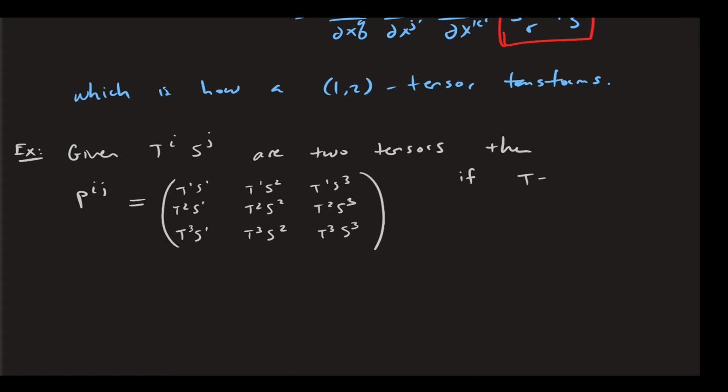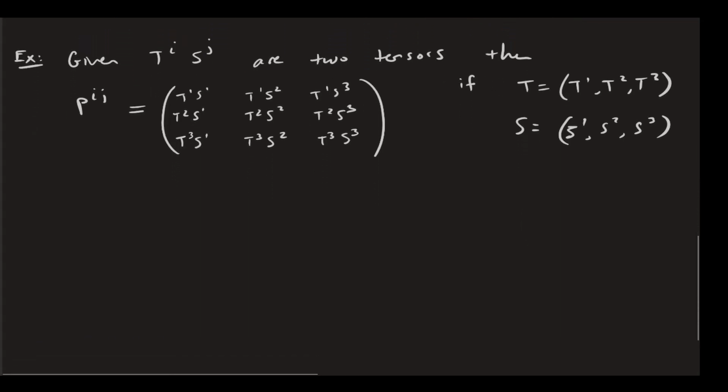If t is t1, t2, t3, and s is s1, s2, s3, you basically take every component of t and multiply it by every component of s to create this new tensor. And now it's a rank 2 tensor, which is represented with a matrix.